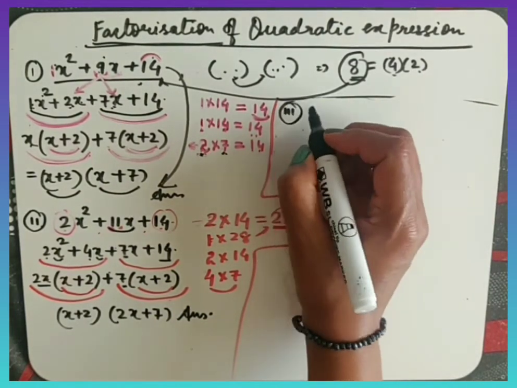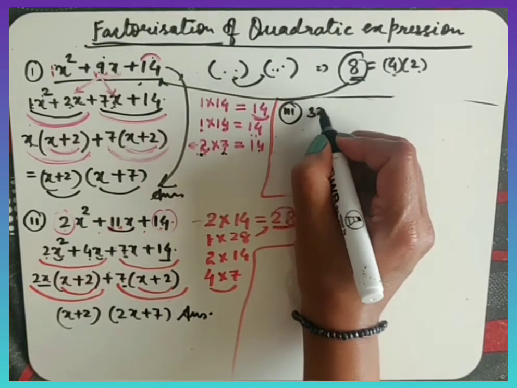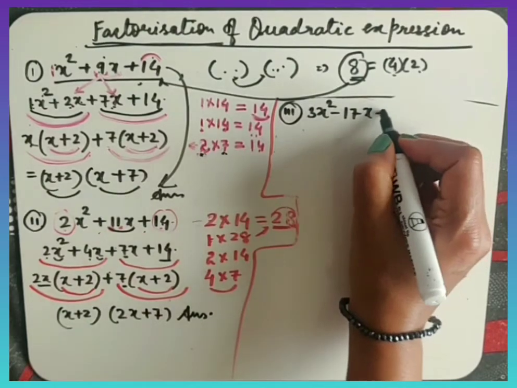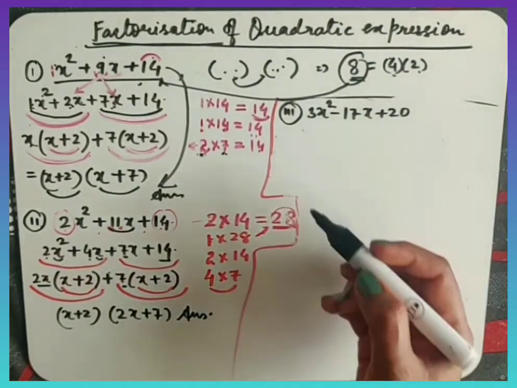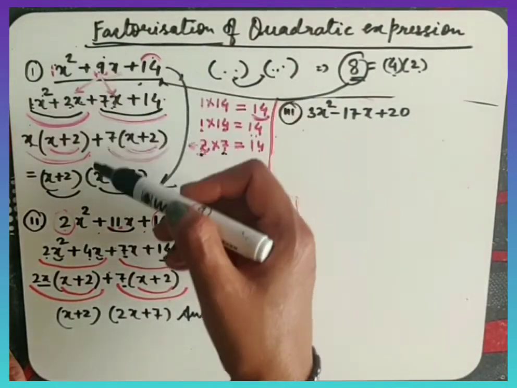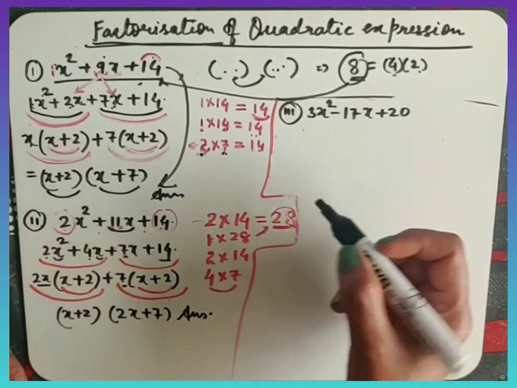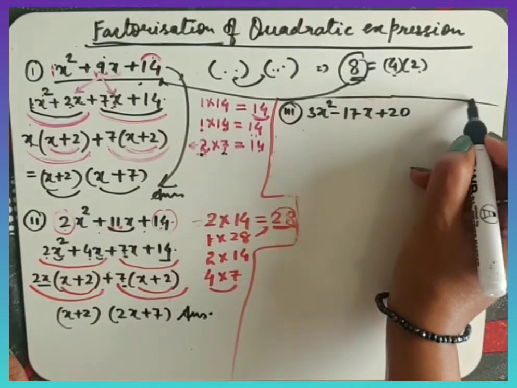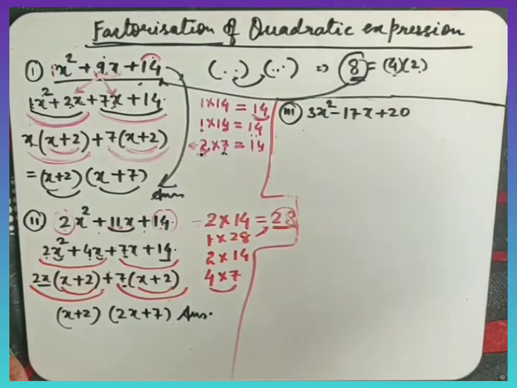Question number 3. I am taking 3x square minus 17x plus 20. In the first two questions everything had a plus sign, but here I am taking minus. This is a little bit tough, but if you understand it, it will not be tough anymore.